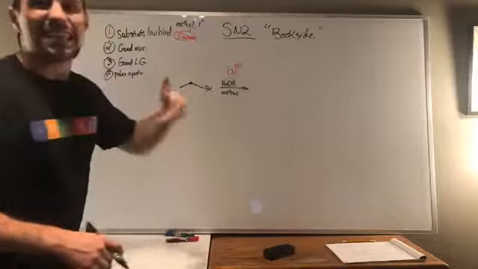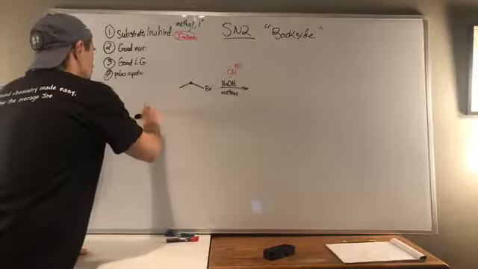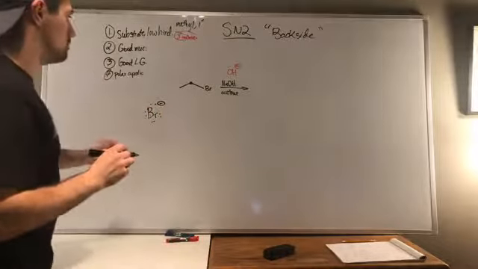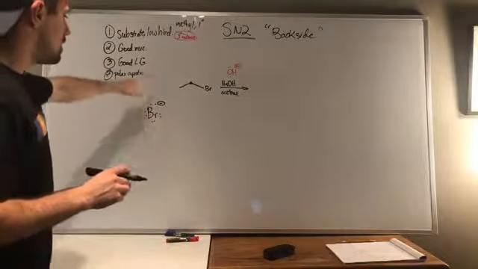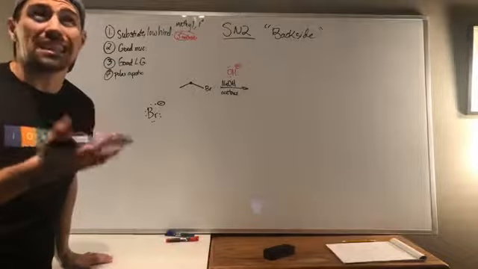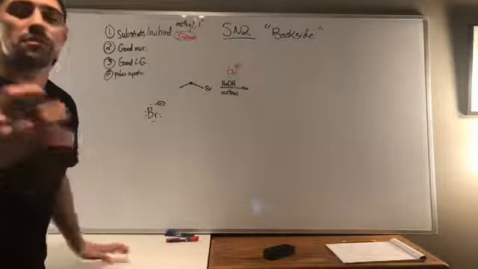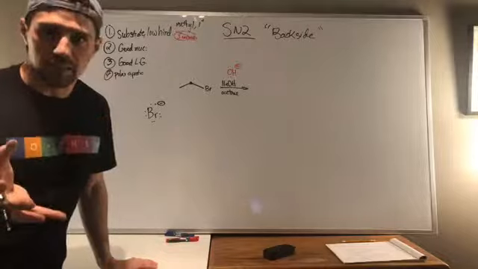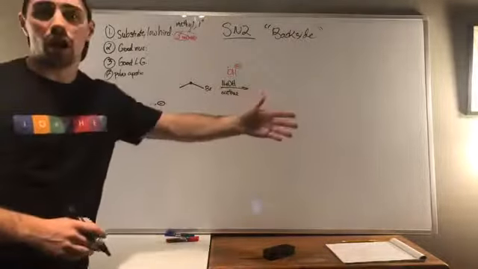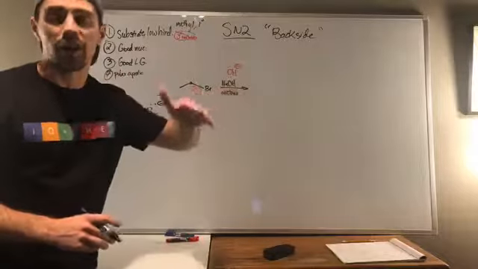You look at the thing we'd be kicking off, and it's going to be this bromine. The game you have to play is, what does this thing look like after it gets kicked off? It's a Br minus. The way we can evaluate if something is a good leaving group is that nature likes stability. So we're only going to kick things off if we know they're going to be fine on their own.